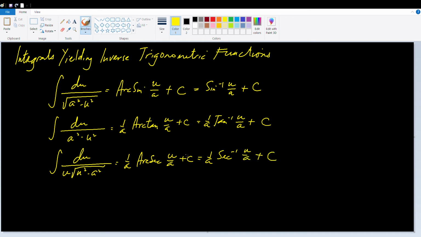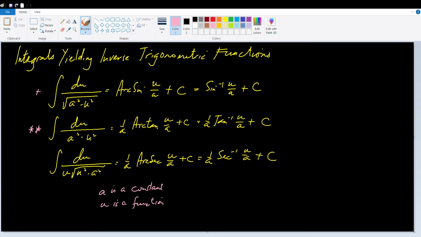In all these formulas, a is a constant and u is a function. Among these three formulas, it is the second one that does not involve a radical.